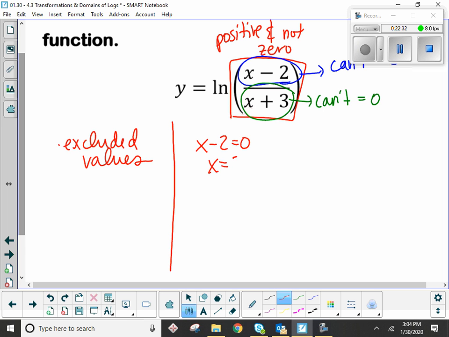But just so you see the math, in case you had a harder equation, really what you're doing is setting equal to 0 and solving. So x cannot be 2. What number makes the bottom equal to 0? -3. So x cannot be -3.